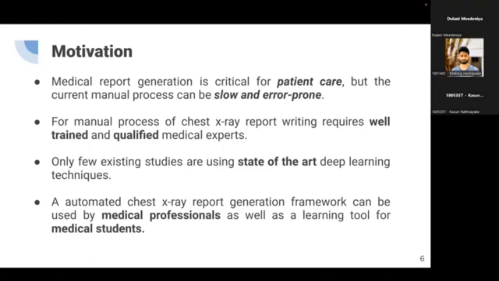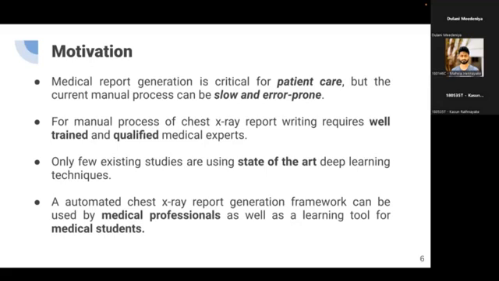So it's a critical issue for hospitals, mostly in rural areas, to find a radiologist in emergency cases. As an example, all three of us are from the Bandarawela area, and even in Bandarawela Hospital, there are no radiologists available. And so from a well-trained automated report generation framework, we can mitigate the above mentioned two issues.